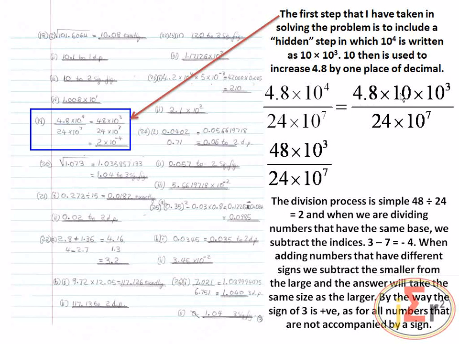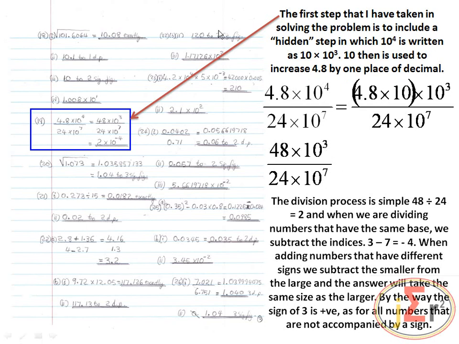4.8 times 10 is 48, and then we have to retain this power of 10 right here, 10 to the power of 3 there, and 48 divided by 24 is 2, and when we divide, we subtract the index of the divisor from the index of the dividend, and we have 2 times 10 to the power of negative 4.